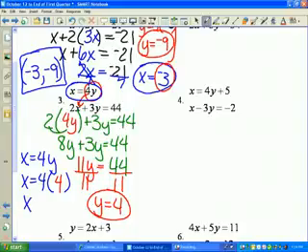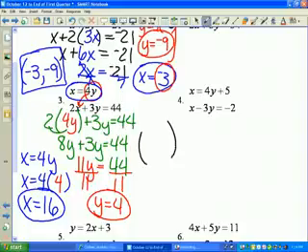So now we just have to do simple multiplication. 4 times 4 gives me 16. So I found my x. I found my y. So now let's put it together. When x comes before y, that means I have 16, comma, 4.